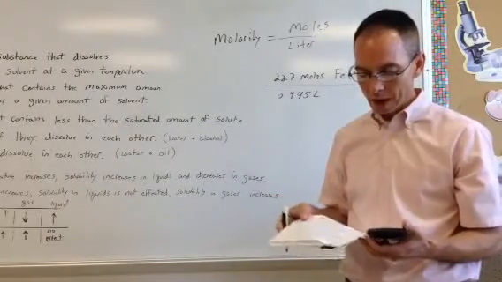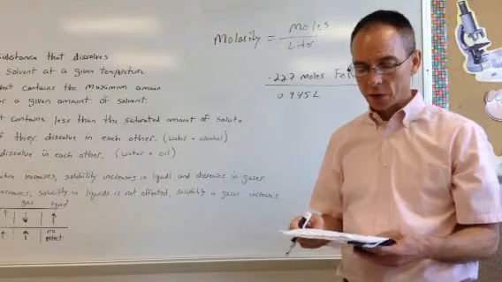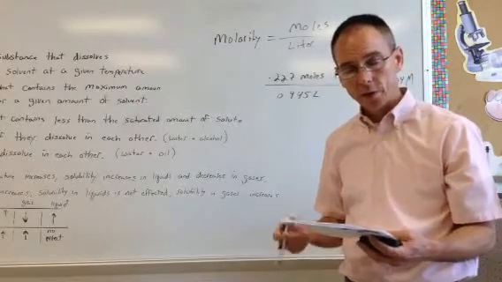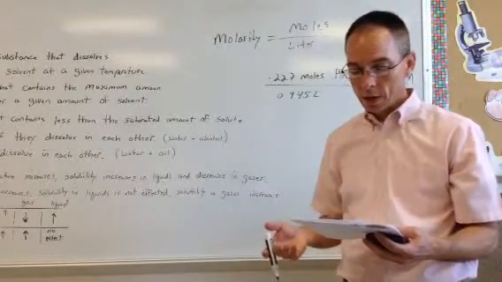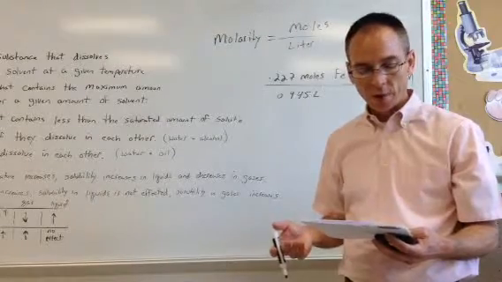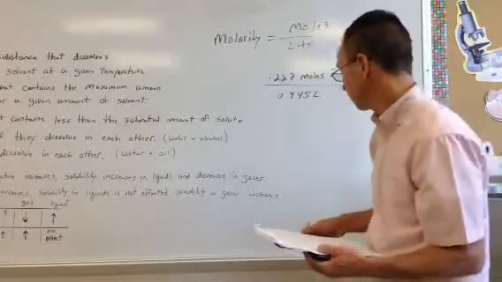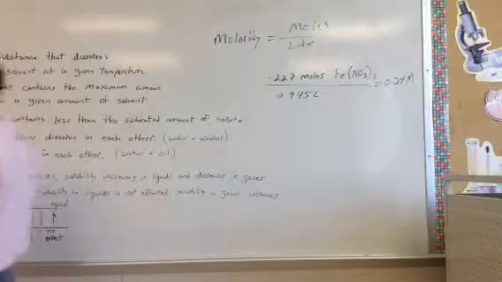The next question asks, what is the molarity of a solution that contains 50 grams of sodium hydroxide in 855 mLs of solution? So let's first write down what they're telling us.